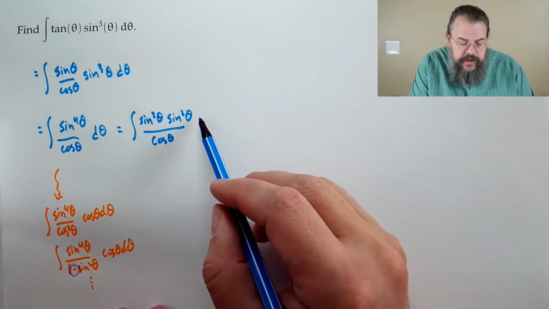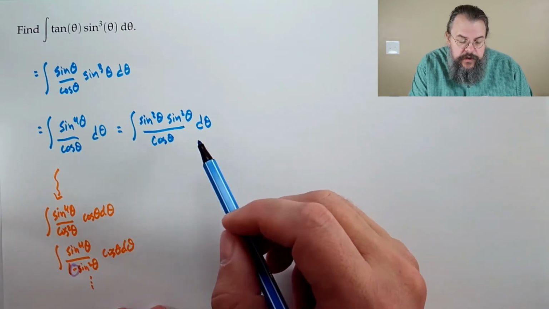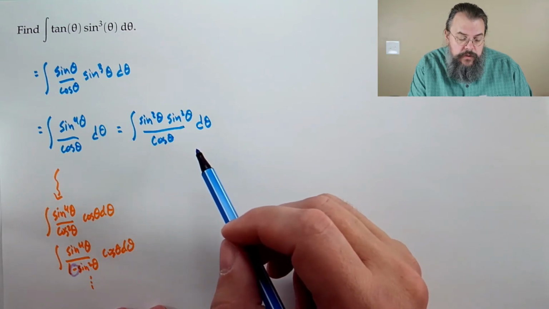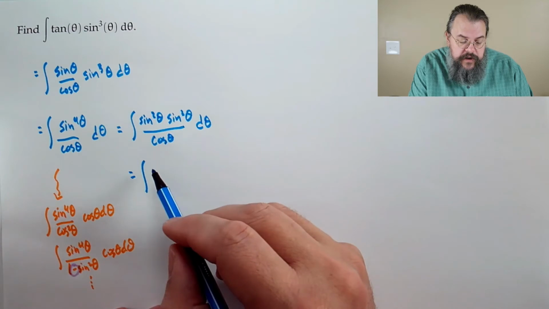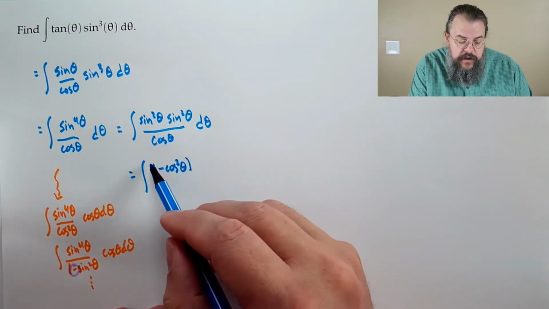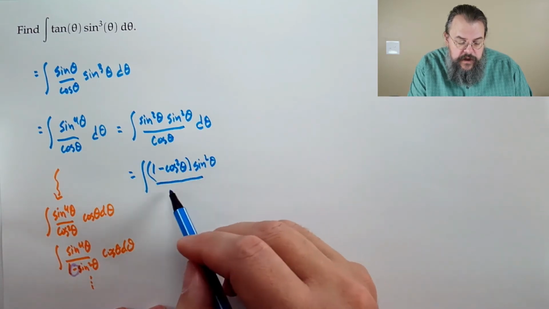And let's see what we can say. Well, what does that allow us to do? Well, we can say the following. For instance, if we just replace one of our sine squareds by 1 minus cosine squared, then we have a sine squared over a cosine.